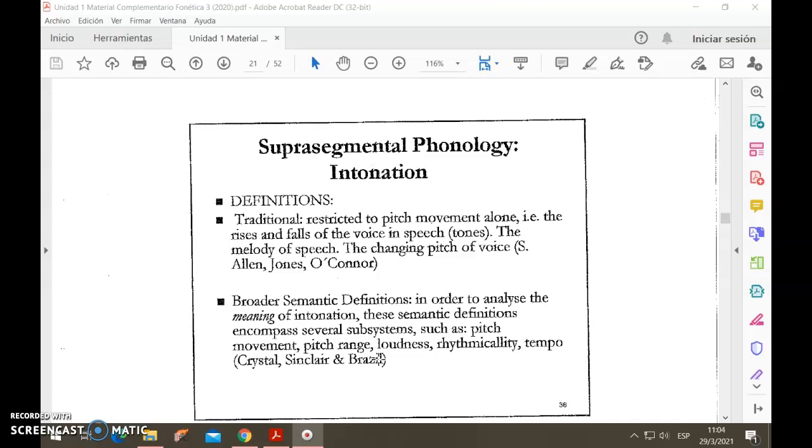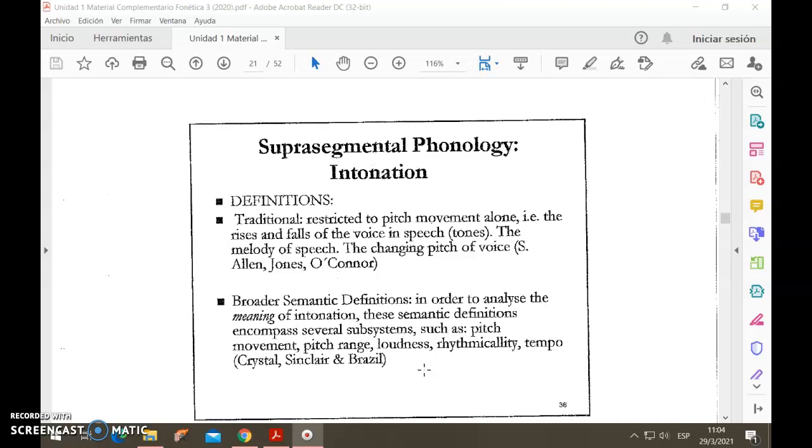Or the level. So, then we will deal with prominences in Unit 3, which is similar to what you saw in Phonetics 2, that is to say, sentence accent. But prominence is the word from the discourse perspective that we follow this year, whereas sentence accent is the terminology used from a grammatical point of view.